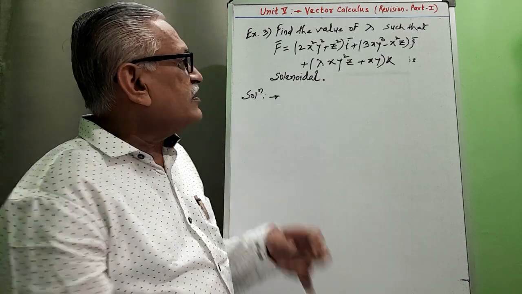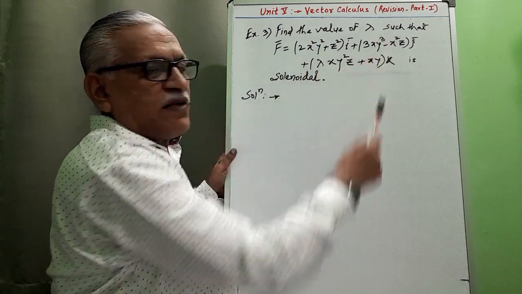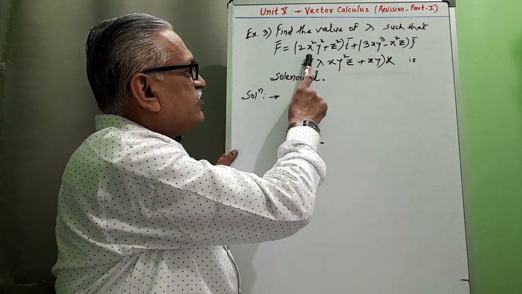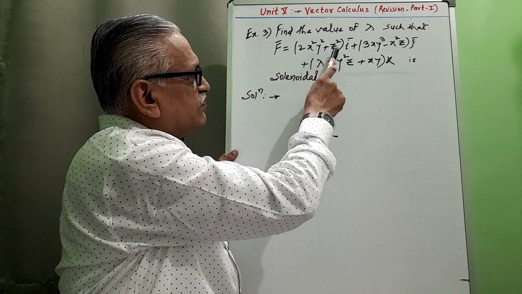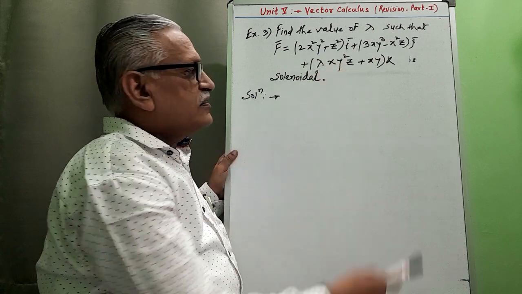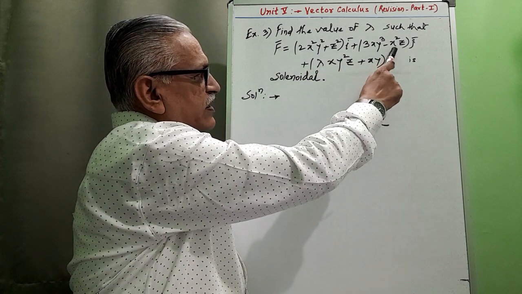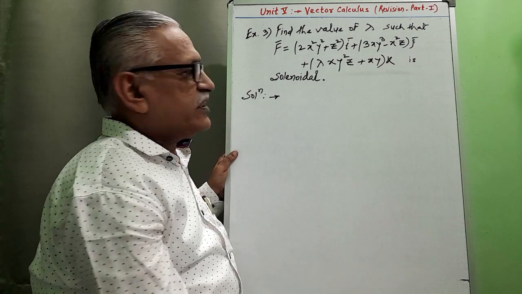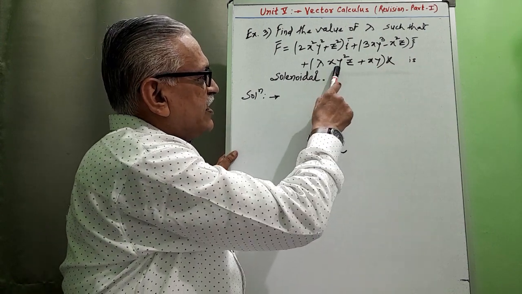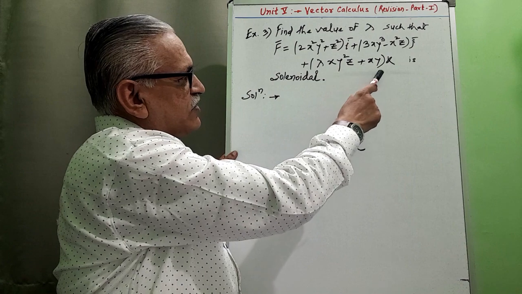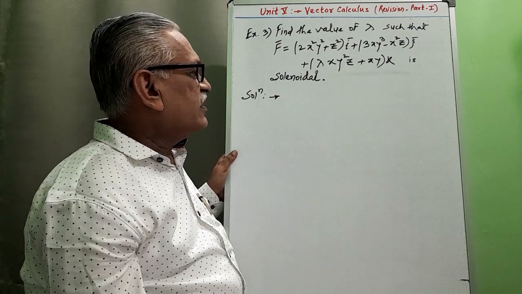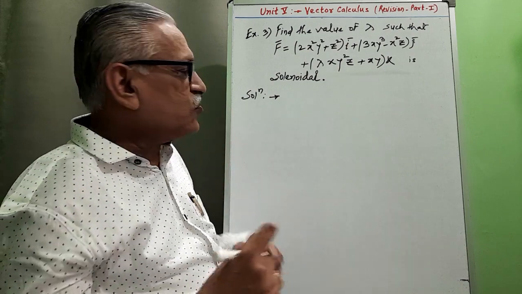Third, last example: find the value of lambda such that f bar is equal to 2x square y square plus z square into I plus 3xy cube minus x square z into j plus lambda xy square z plus xy into k is solenoidal.